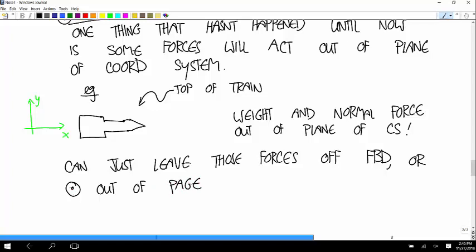That's supposed to be the tip of the arrow coming towards you. And vectors going into the page like this. But whether you leave those vectors off completely or you draw symbols like this, they're just not going to show up in the calculations. That's sort of a weird new thing that's going to happen sometimes.